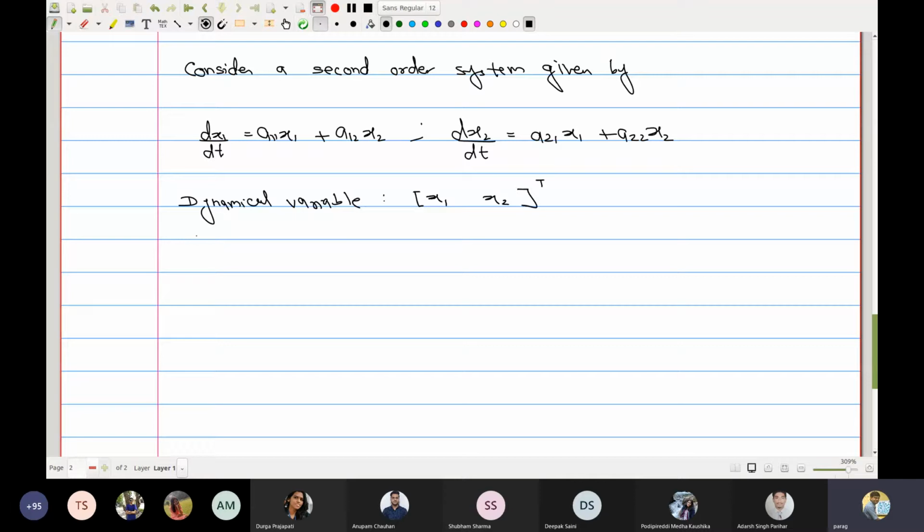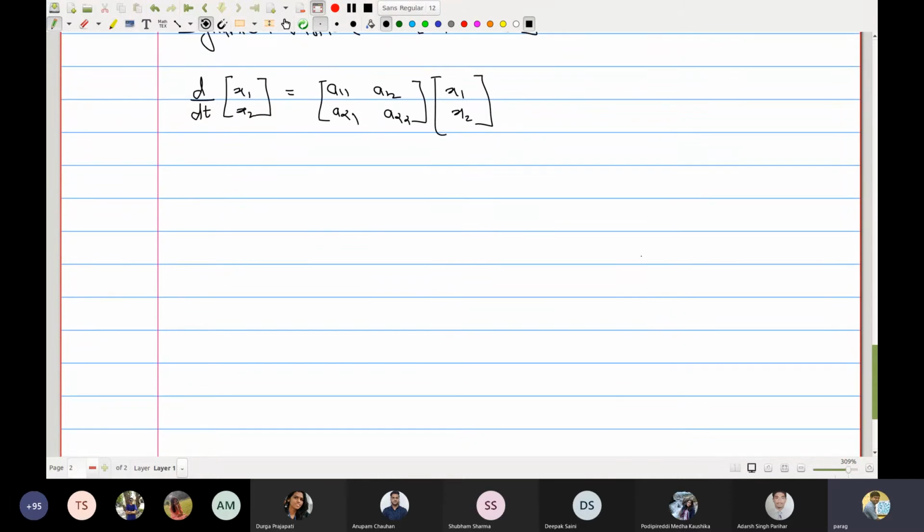Therefore I can write this set of equations as d by dt of x1 x2 equals the matrix a11 a12 a21 a22 times x1 x2. And now I need to focus on the eigenvalues of this matrix.